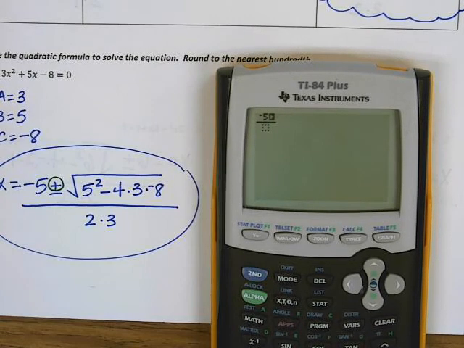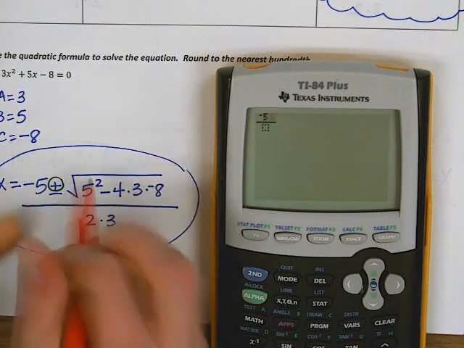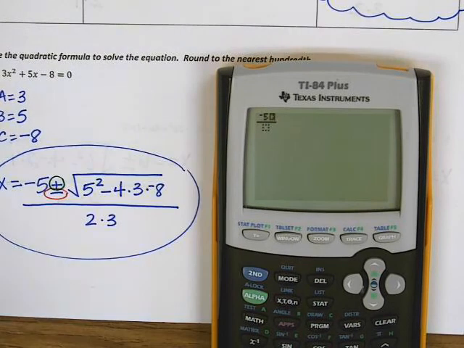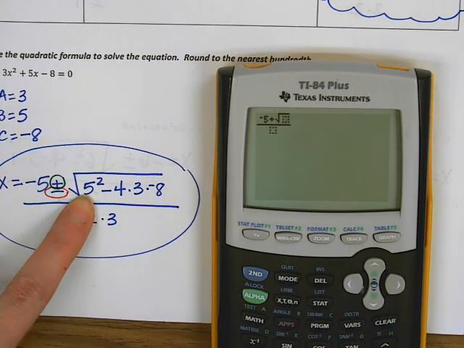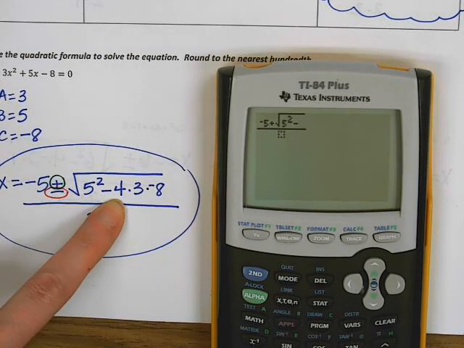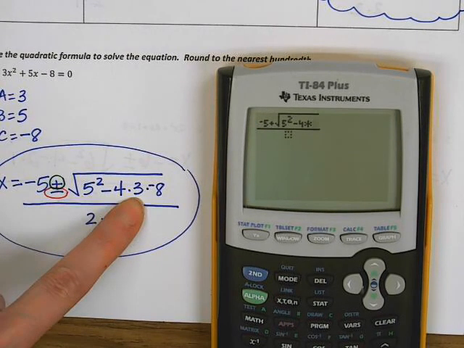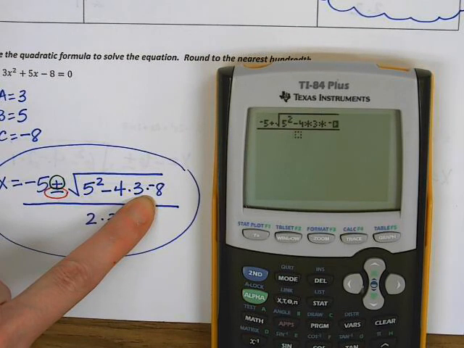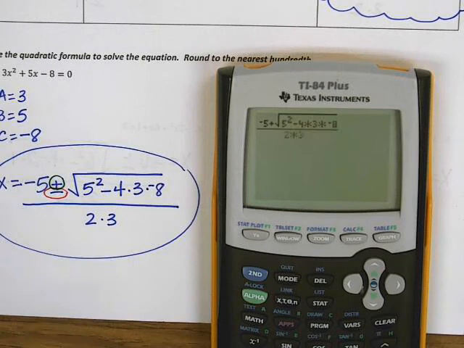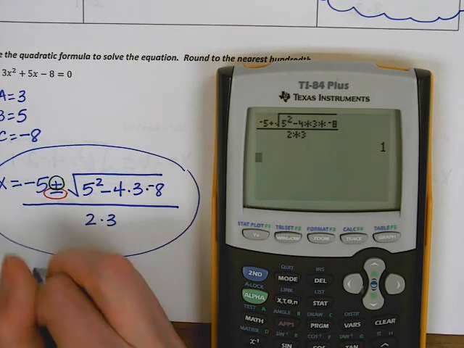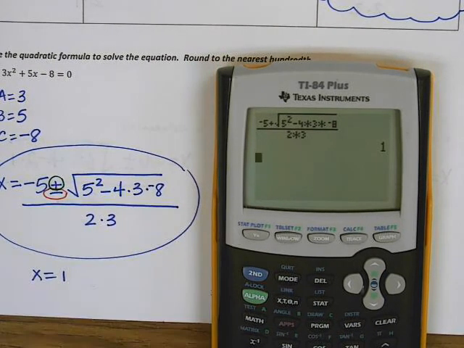You're going to have to do these problems twice, once with the plus and once with the minus. Okay, so -5 plus square root b squared, so 5 squared, minus 4 times 3 times -8 all over 2 times 3. So our first answer is 1.